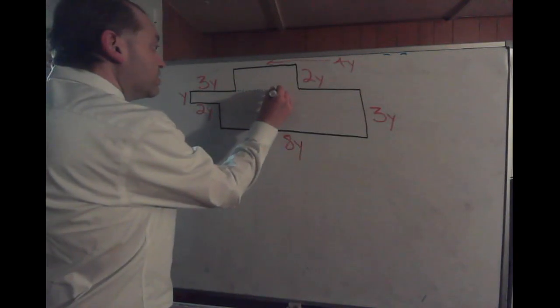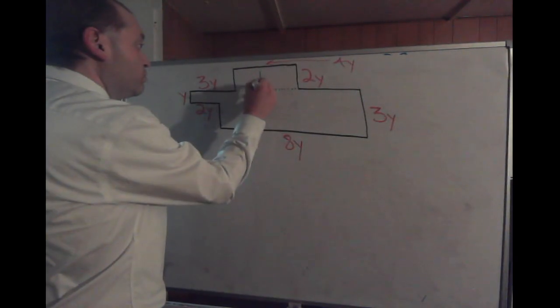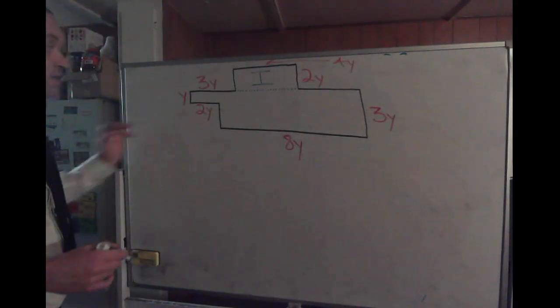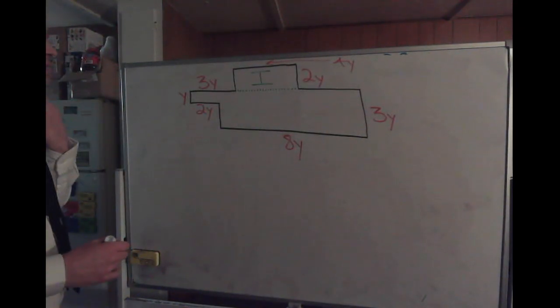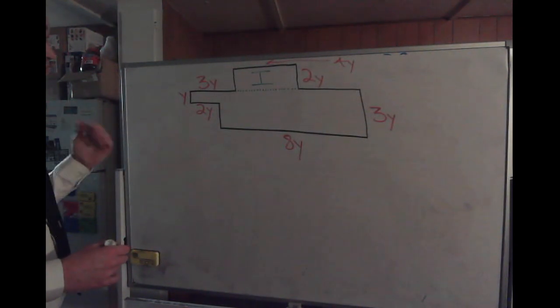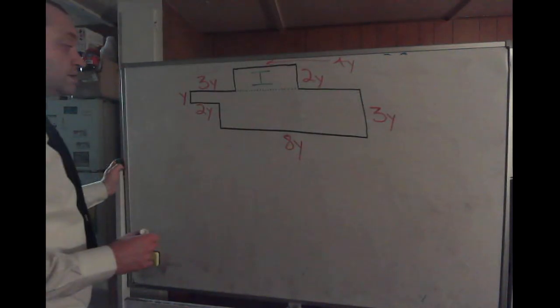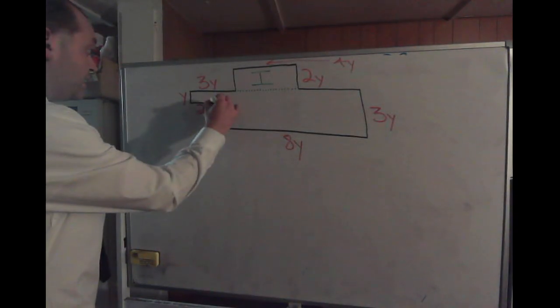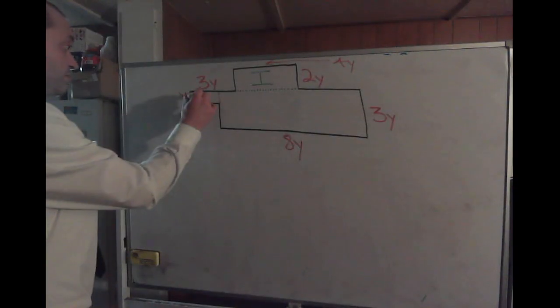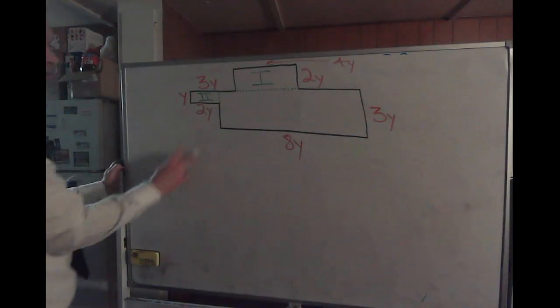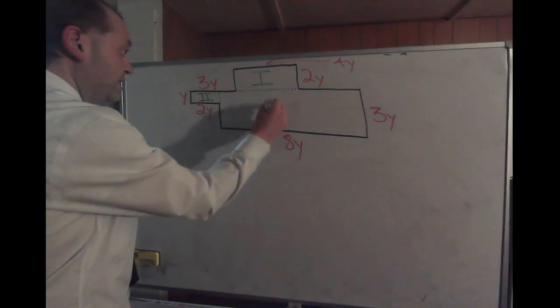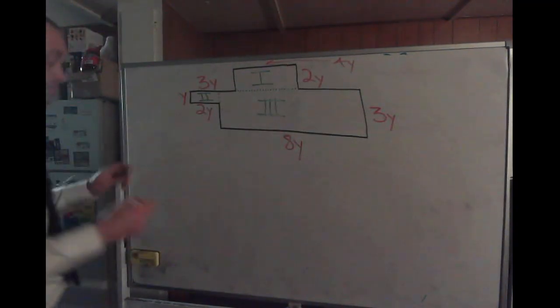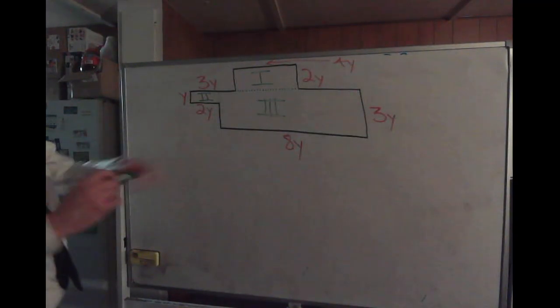Sometimes you got to start a little bit here. This will be region 1. So now it just deals with this. I think I got it now. This will be region 2 right here, this small little piece, and then we'll have region 3 here for the big piece. Okay. So we got 3 separate regions.